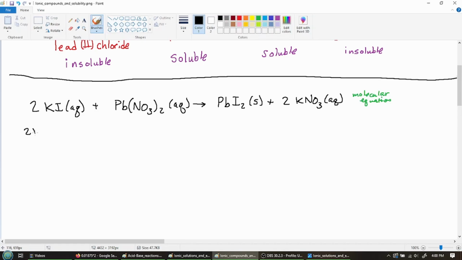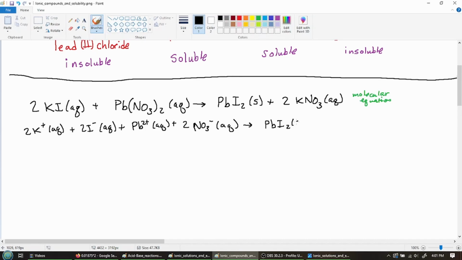So we know that the potassium iodide is going to split up. So we're going to have 2K plus and 2I minus. We know that the lead nitrate is going to split up. So we'll have a lead 2 cation, aqueous, and we'll have 2 nitrate anions. These will also be aqueous. Right, and on the product side, our lead 2 iodide is solid.